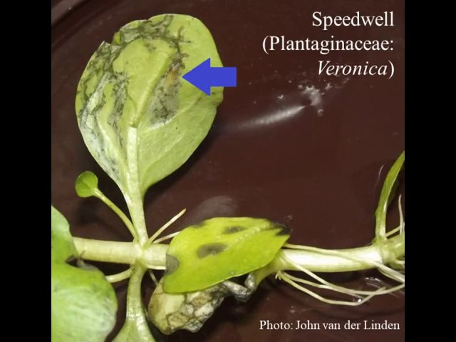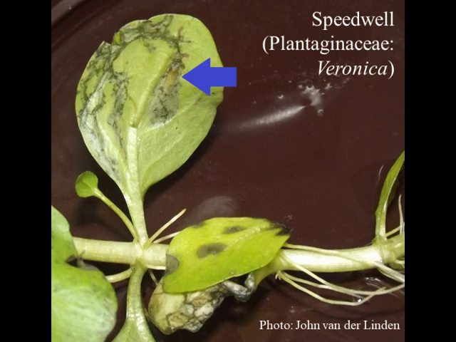So in the Pacific Northwest, the species has a very wide host range. In California and Oklahoma, it's only been found on Erythranthe species. And then in Iowa and Pennsylvania, it's only been found on aquatic speedwells in the genus Veronica.